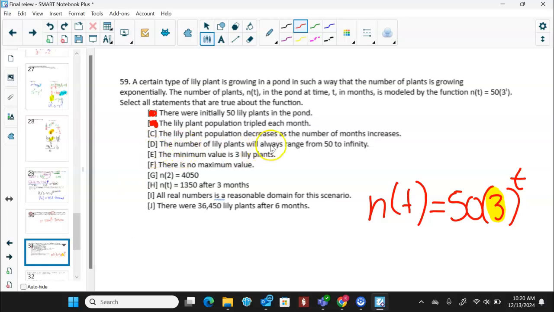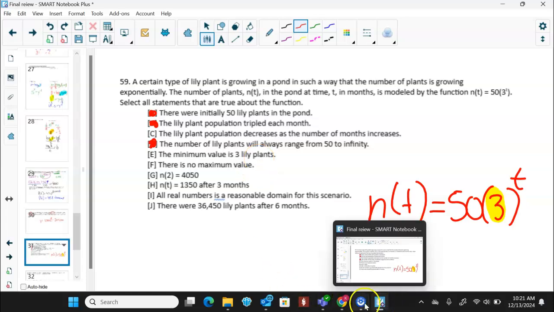D, the number of lily plants will always range from 50 to infinity. That is also a true statement. It started at 50 and we do not know how much it's going to grow depending on the time. So it is a correct statement that we can go all the way to infinity. Okay. The minimum value of this lily is 3 lily plants.